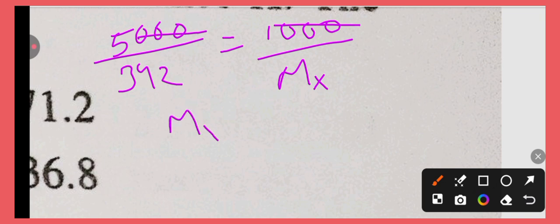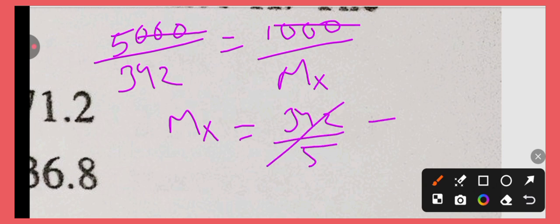Mx, that is molecular mass of substance X, is equal to 342 divided by 5. When we calculate it, we get 68.4 gram per mole.